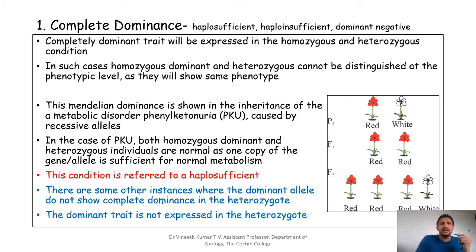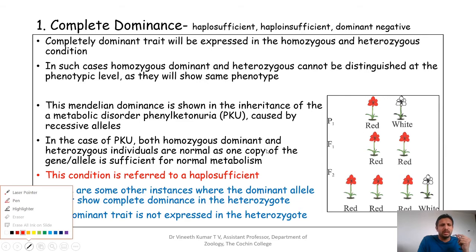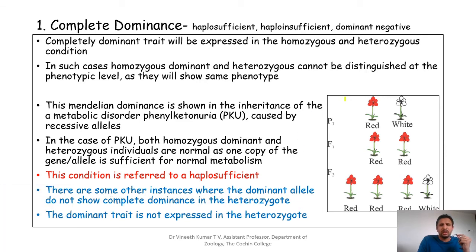Complete dominance is a trait which is expressed in both the homozygous as well as the heterozygous condition. If a particular trait is expressed in a similar manner in a homozygous and a heterozygous condition, that trait will be called a dominant trait. As you can see in this diagram, which we have already discussed, this is the red color flower and white color flower.